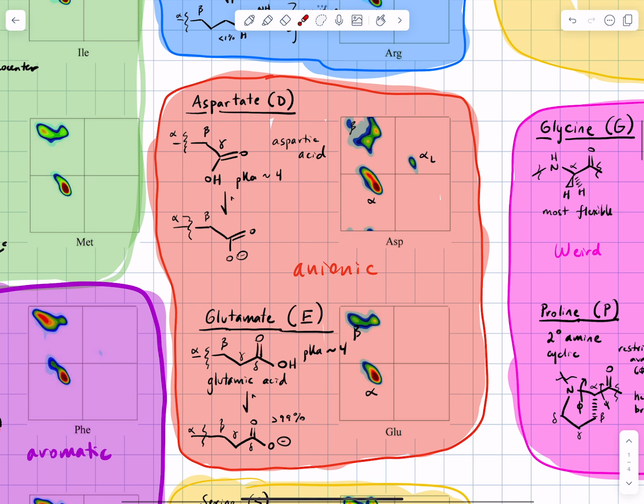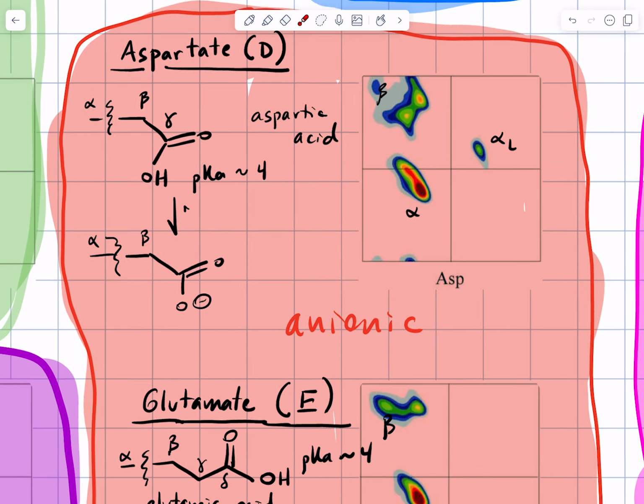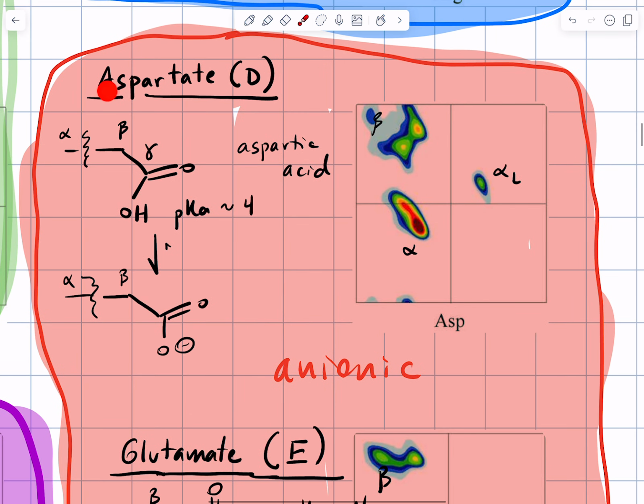Okay, aspartate and glutamate. These are close cousins. And at this point, we're abandoning all correlation between letters and the names. So aspartate is D, glutamate is E. I don't know how you're going to memorize that. I'm calling them by their conjugate base forms because that's the form they exist in at physiological pH.